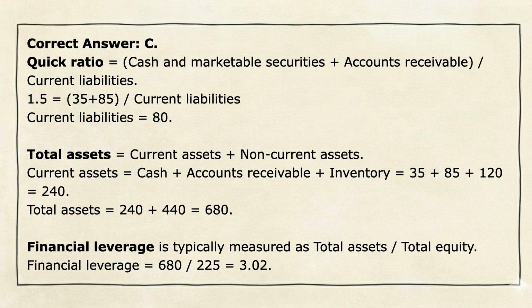Current assets equals cash plus accounts receivable plus inventory equals 35 plus 85 plus 120 equals 240. Total assets equals 240 plus 440 equals 680. Financial leverage is usually calculated as total assets divided by total equity. Financial leverage equals 680 divided by 225 equals 3.02.